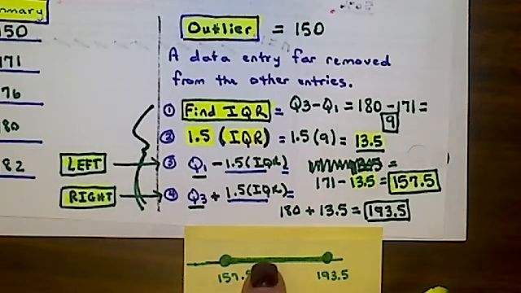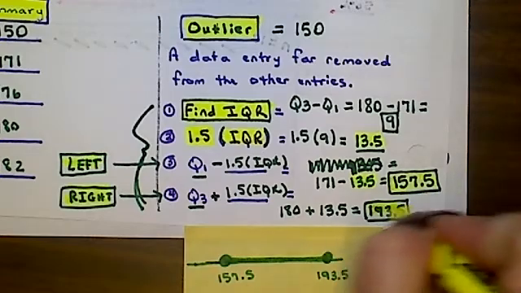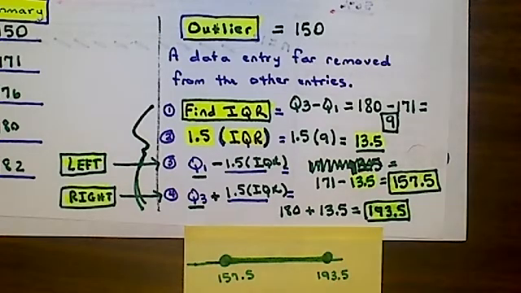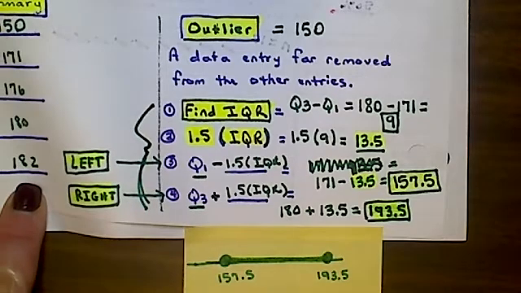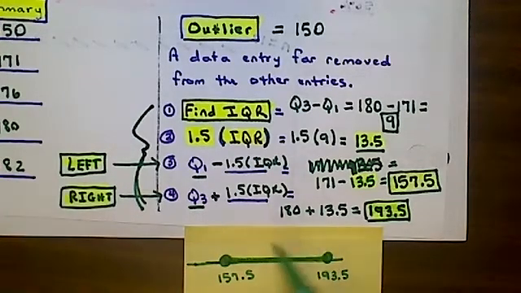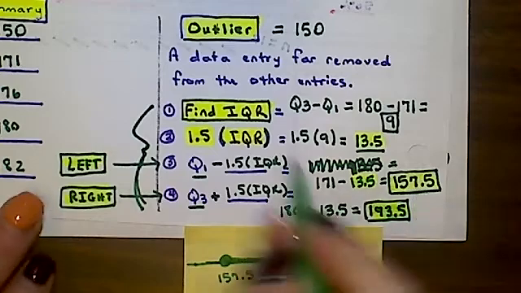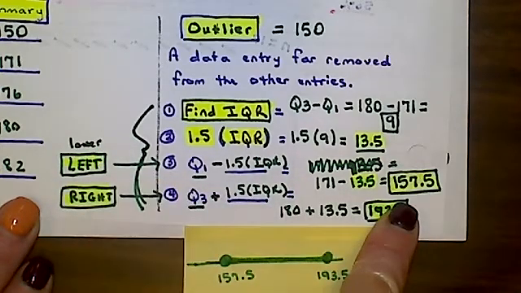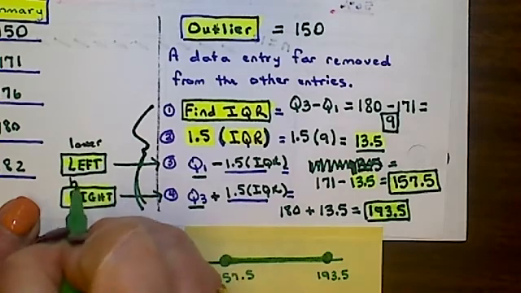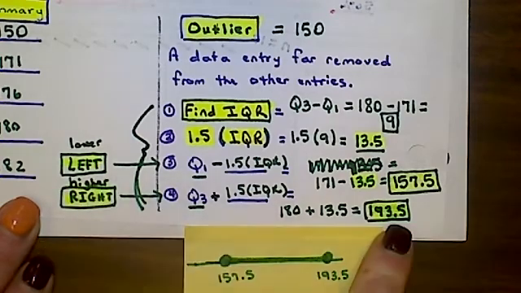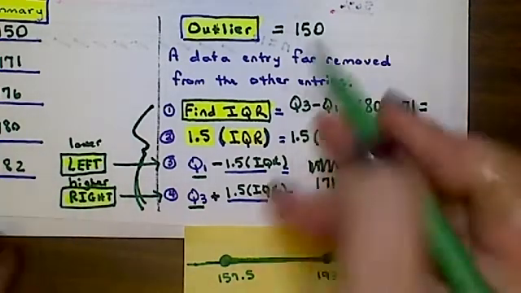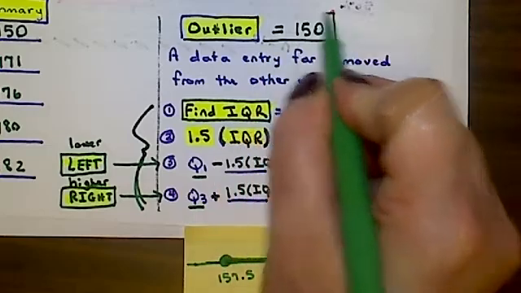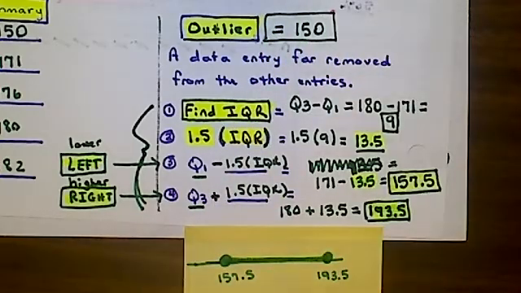No, 170 would be inside this part. Then I look to see if anything is higher than 193.5. My highest value was 182. So you look to see if anything is lower than 157.5, we had a 150, or if anything was higher than 193.5. So the only outlier we had within that data was 150.